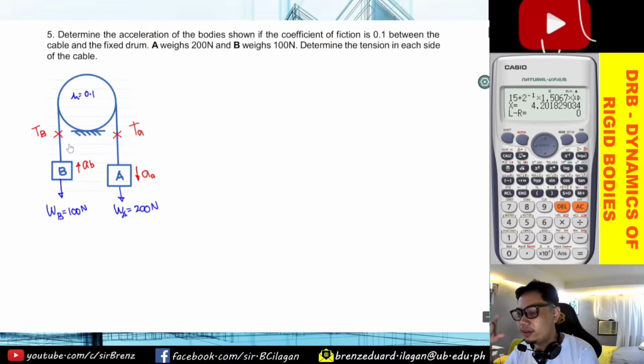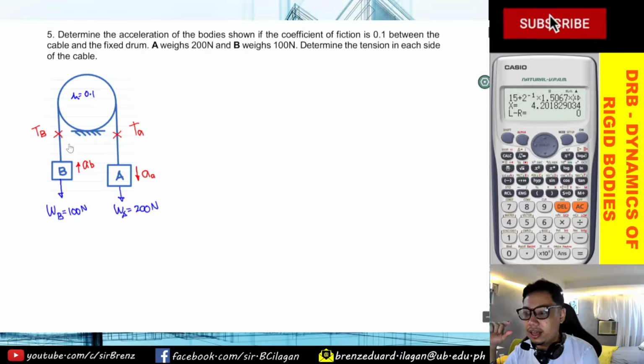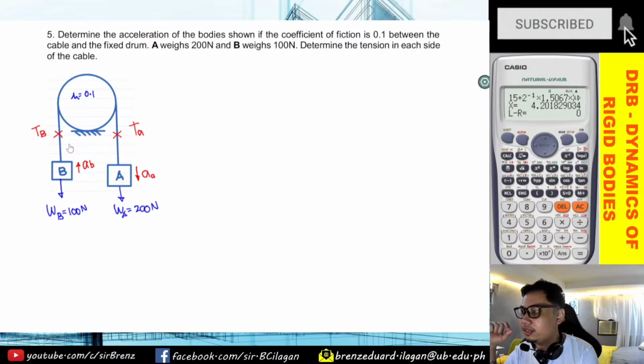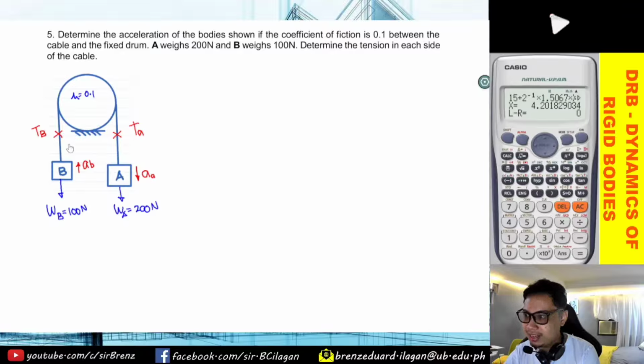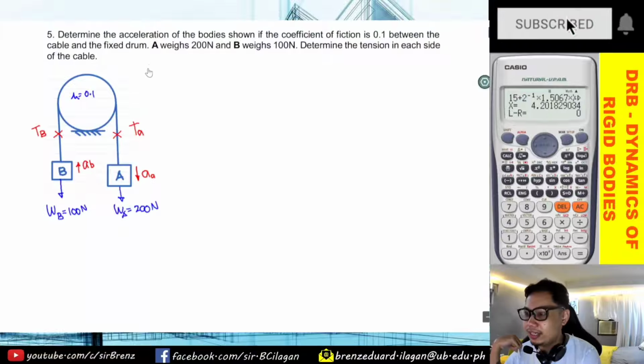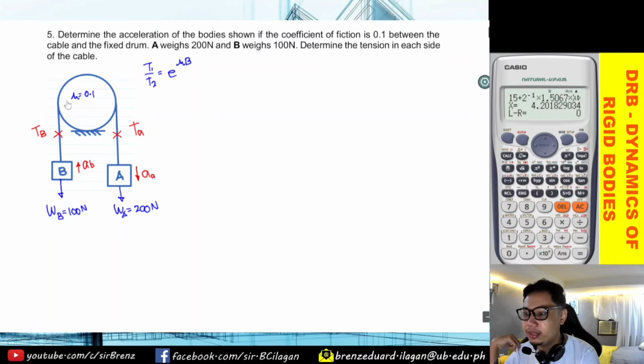And ano nga yung formula or what is the equation for the, ano nga yung term sa friction? Belt friction. Yun. So, ano nga yung working equation natin? Diba T1 over T2 is equals to e raised to mu times beta. And yung beta mo is the contact angle between the two surfaces.